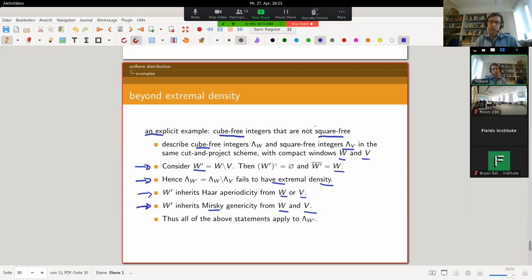This is one example, maybe the first example, I don't know, beyond extremal density. And of course, you can cook up this example and make this a bit more systematic in order to produce other interesting, non-canonical model sets beyond extremal density. Good.